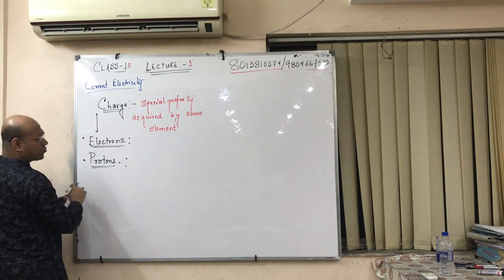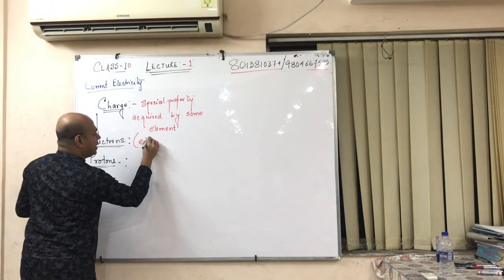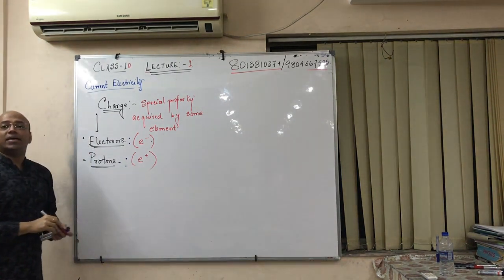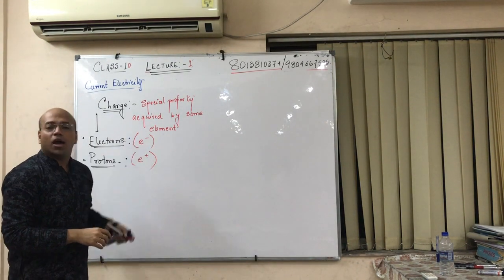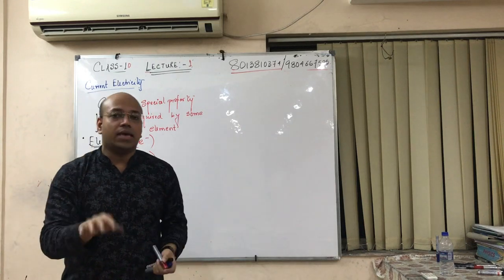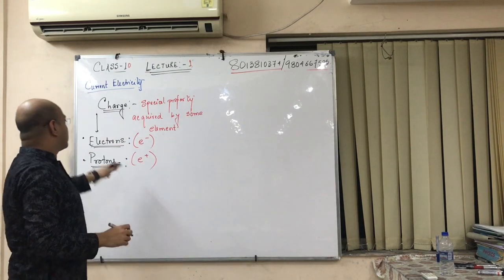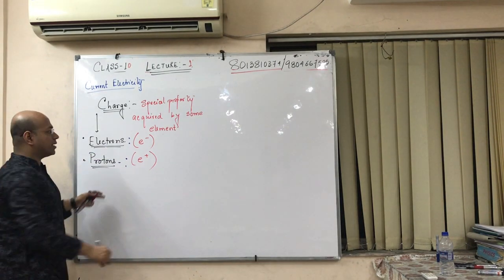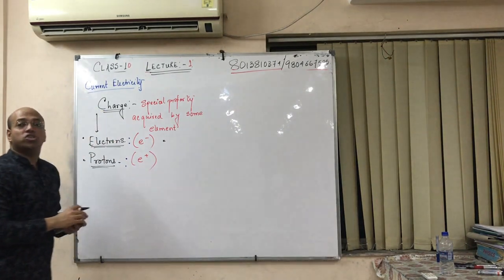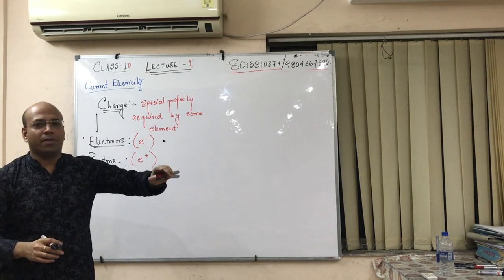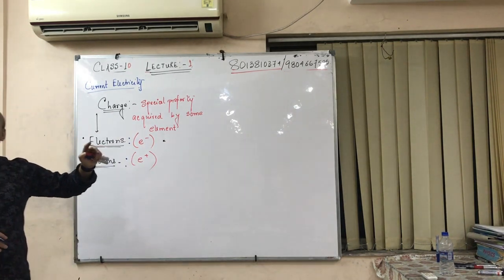Now, an electron is signified by e minus. A proton is generally signified as e plus. Many students get confused. They are not exactly the same thing but opposite in nature. No, that's not the fact. This is a different element. Now this has a charge. How is this charge measured? It is measured by an experiment, let's say the oil drop experiment.